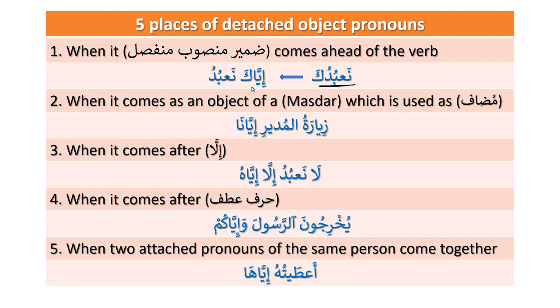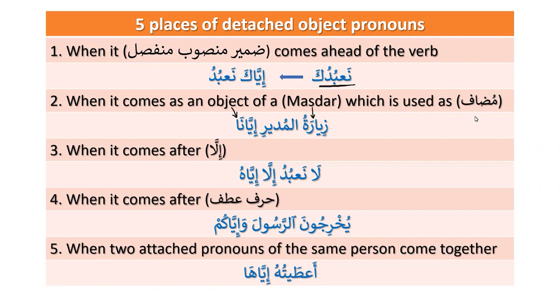So that's the first place where we can use this detached object pronoun, and we can use it if we bring it ahead of the verb. That's number one. Number two, when it comes as an object of a masdar. So when this detached pronoun is used as an object of the masdar, and we can see that masdar is over here, which is used as mudaf.